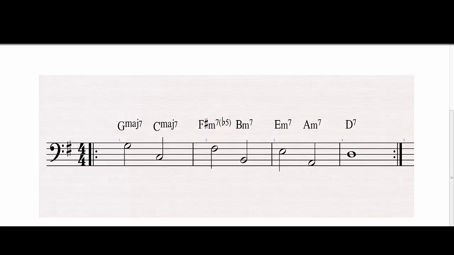Okay, so this is what you should have got. This is obviously chord 1. This first one, G major, you would normally write it like this, 1, and because it's a major 7 you'd actually put that in as well, major 7.